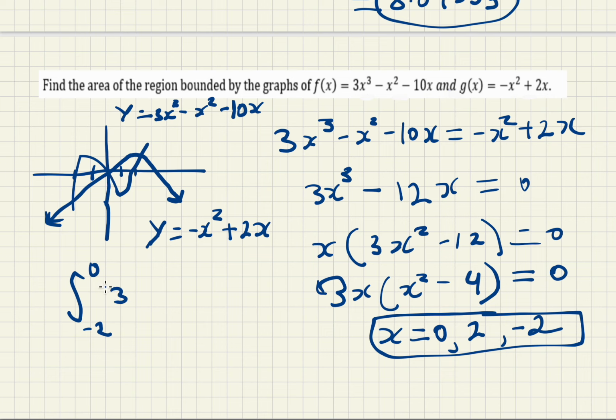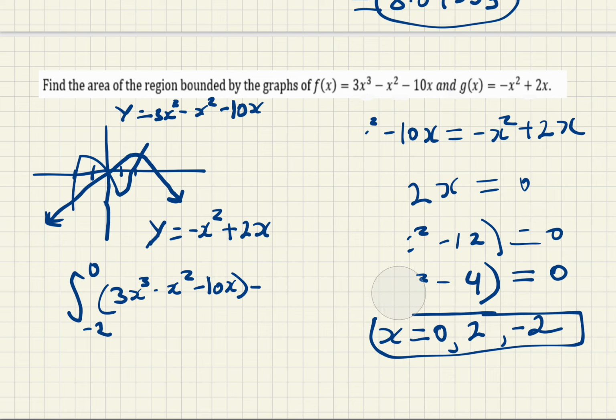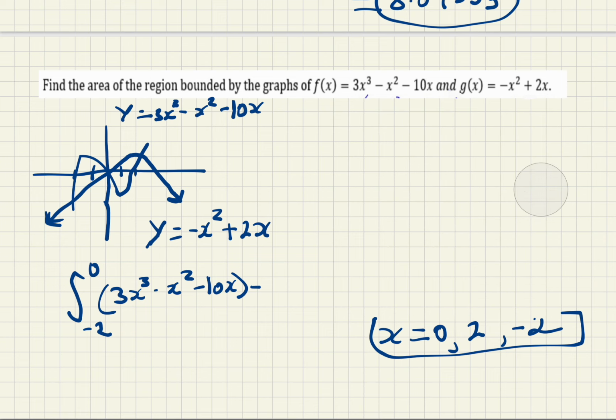So we get 3x cubed minus x squared minus 10x, and now I'm going to erase to make space, subtracted by our lower function, which is -x squared plus 2x, dx.